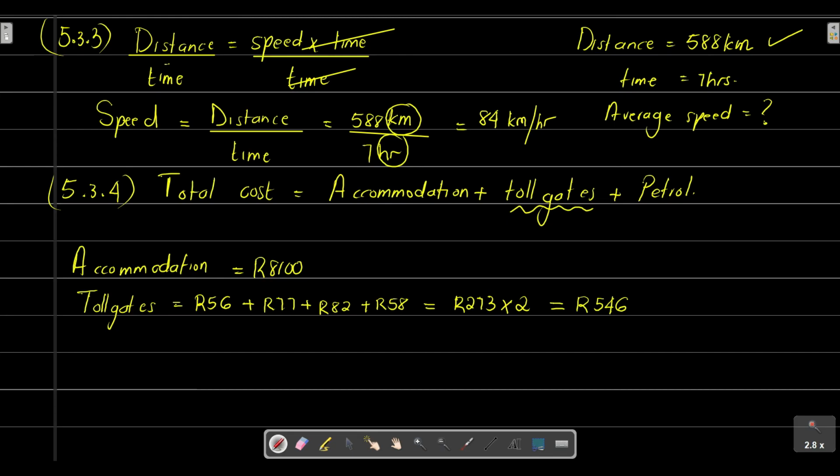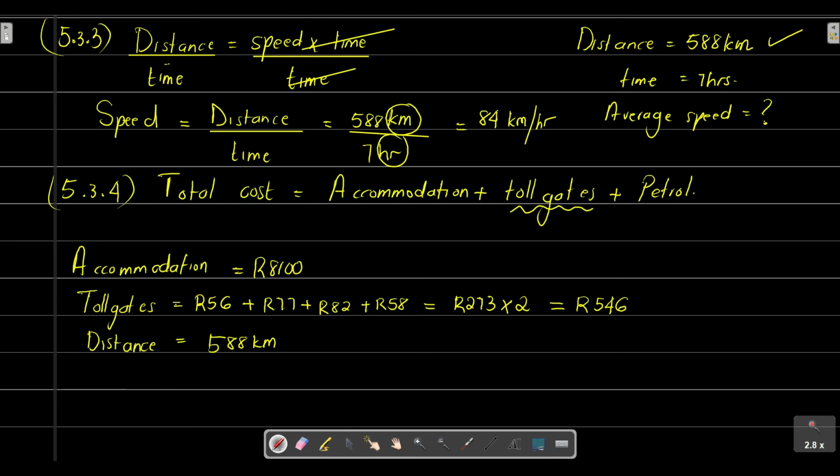Then we still need to do the calculations for the petrol. What was the information that was given to us in terms of petrol? How much petrol will they have to pay? We already know that the distance that they travel from Johannesburg to Nkomazana is equal to 588 kilometers. So we want to determine how much petrol this Land Rover will use for the 588 kilometers.